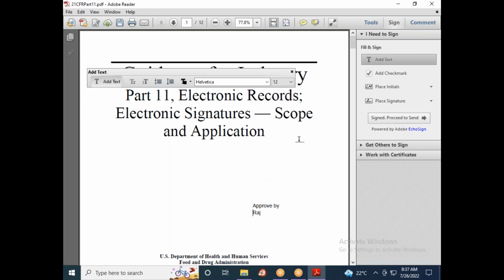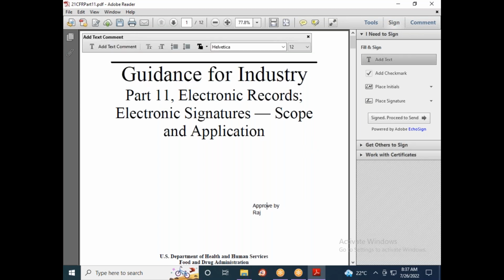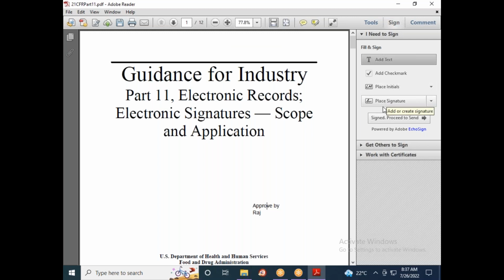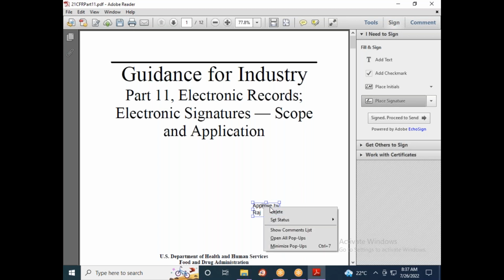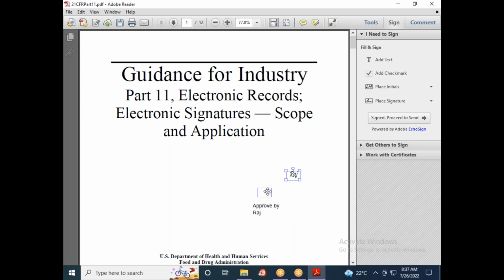So you see, this is a complete version. So here it shows approved by Raj. There is a password for this. So you have to give a password, then only you can place a signature there. Okay, right. The signature has come, see. Place a signature, approved by Raj.